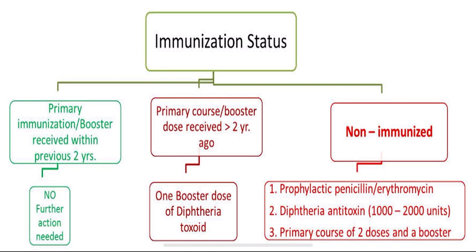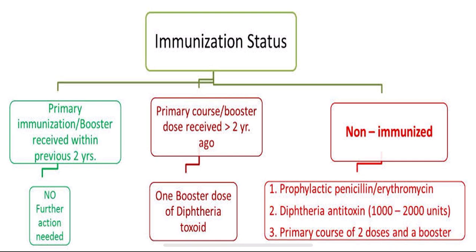Moving further to the immunization status, let's have a quick review of what we discussed in the previous slide. If his primary immunization is already done or he's just received the booster dose within 2 years, then no further action is needed. If the primary course or booster dose was received more than 2 years ago, then we have to give him 1 booster dose of diphtheria.